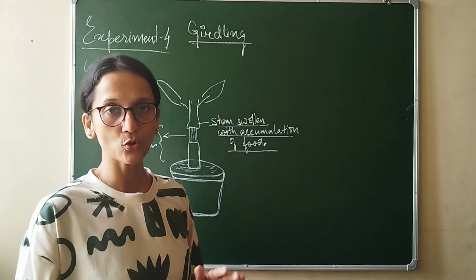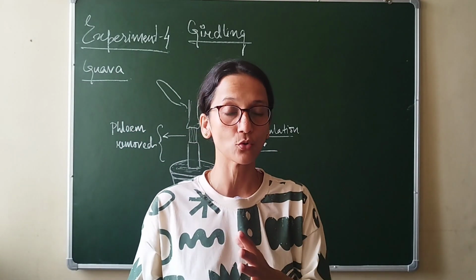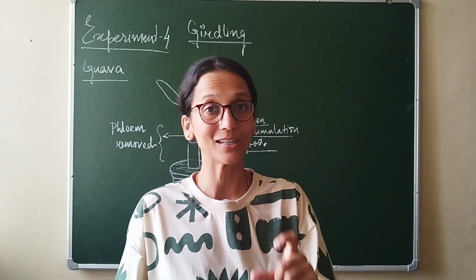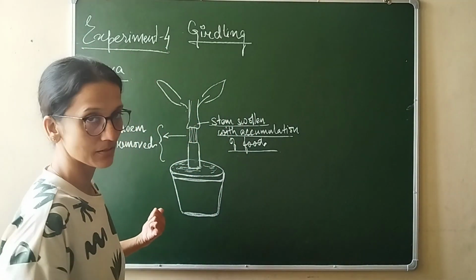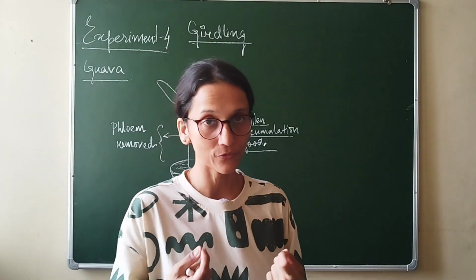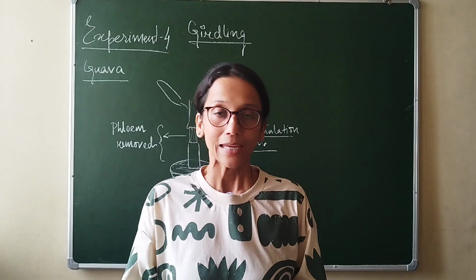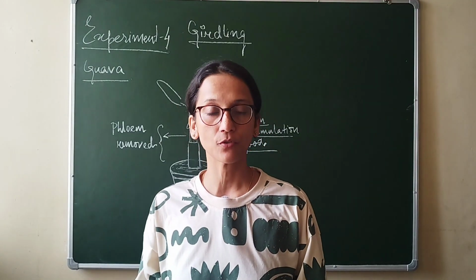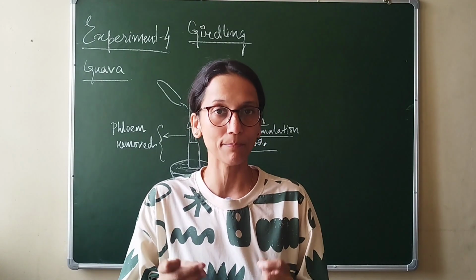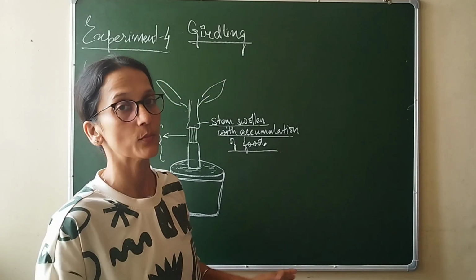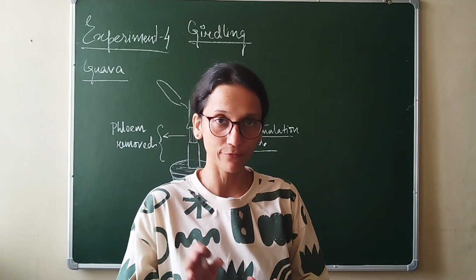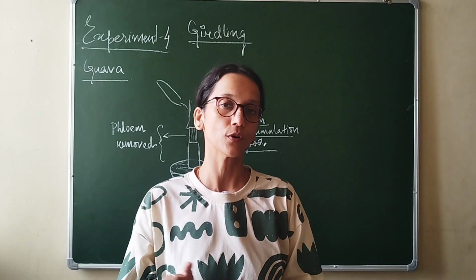So this clearly shows that in the first 3 experiments, we showed how xylem is very, very important for conduction of water. And in this last experiment, we are trying to show the importance of phloem in transportation of food. In experiment number 3 and in experiment number 4, we have also performed a special method which is known as girdling, where we basically remove either the xylem keeping phloem intact or vice versa.